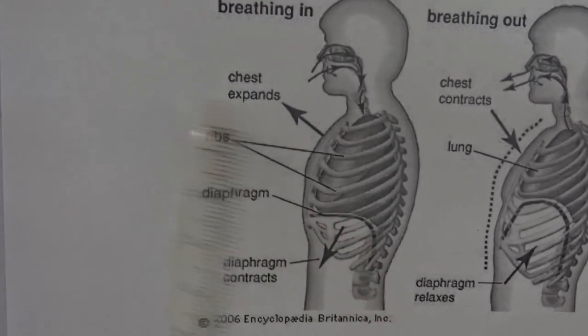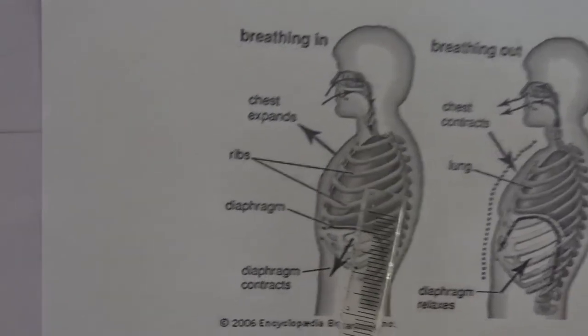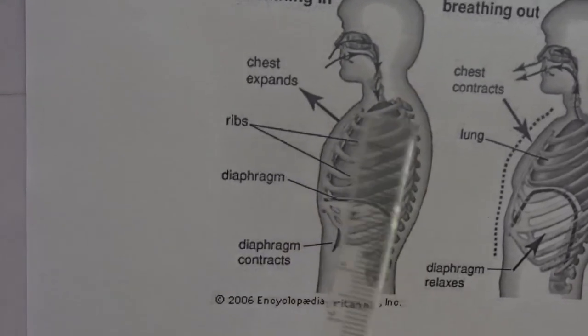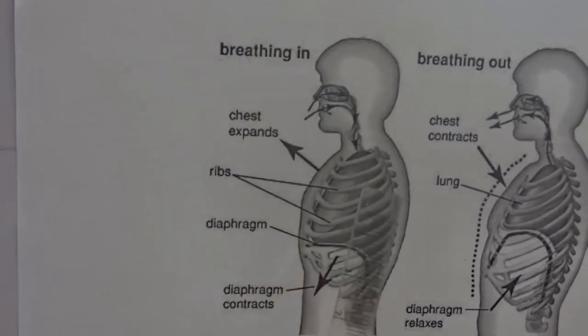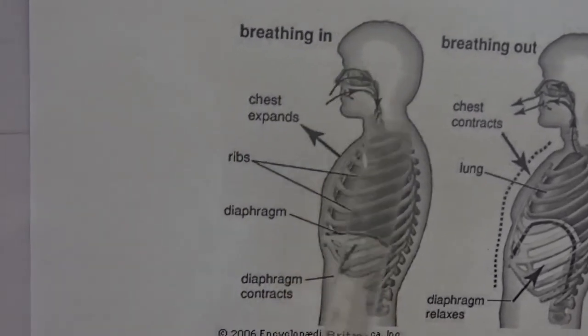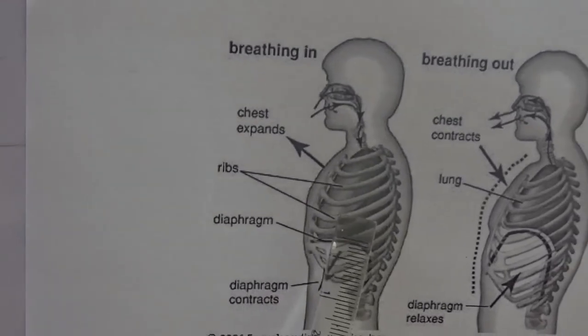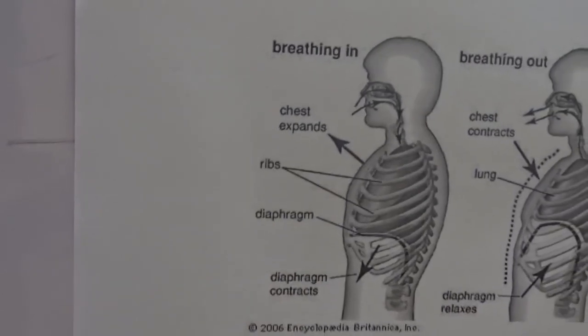Then the chest expands, so the volume of the chest cavity will be more, and the air pressure will be less. Then oxygen is pushed in by the higher outside pressure into the chest cavity, and it enters till it equalizes the pressure.